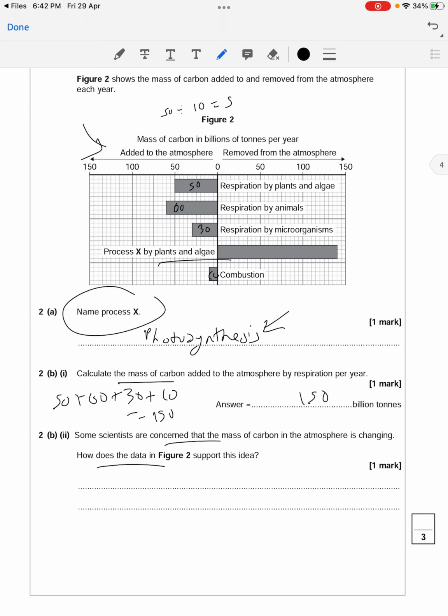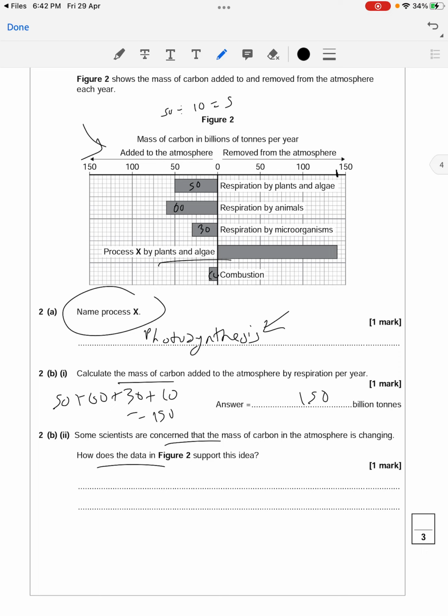So we can find out the difference by calculating the total of this block. That's 100 plus 5 per block. So this is 100.